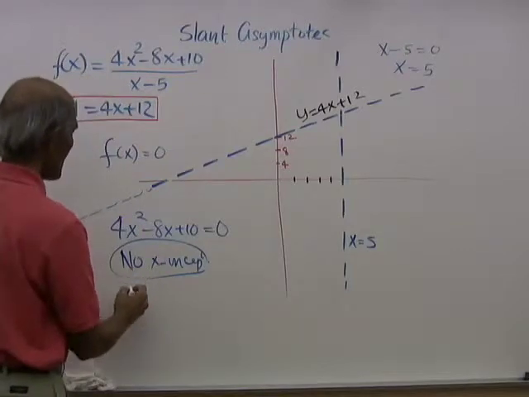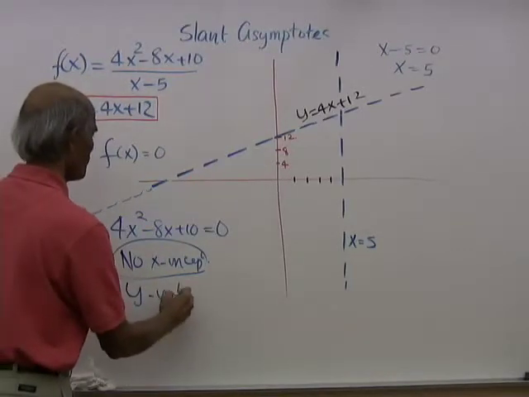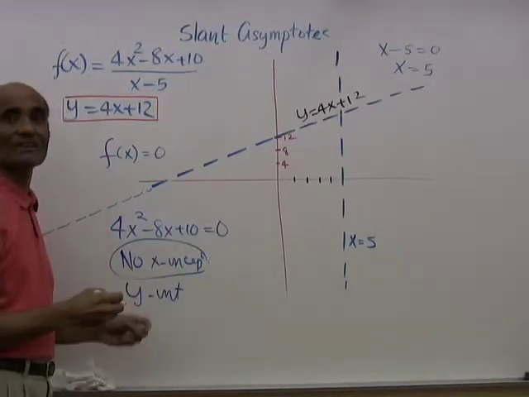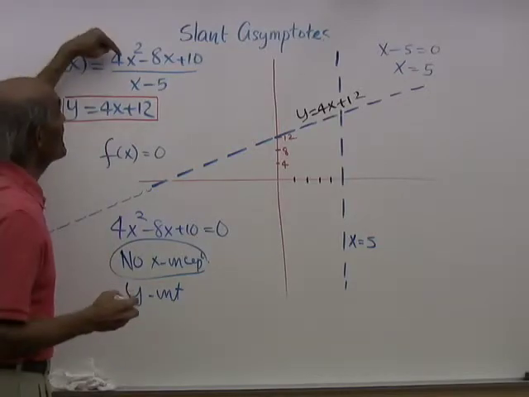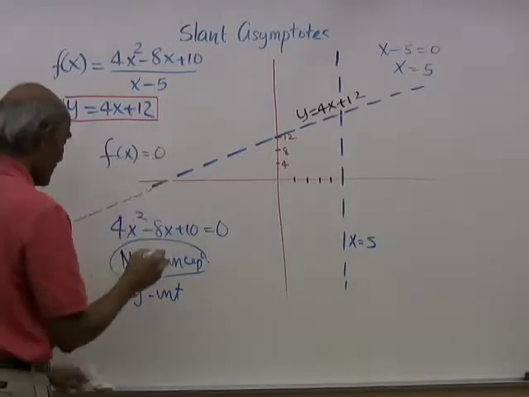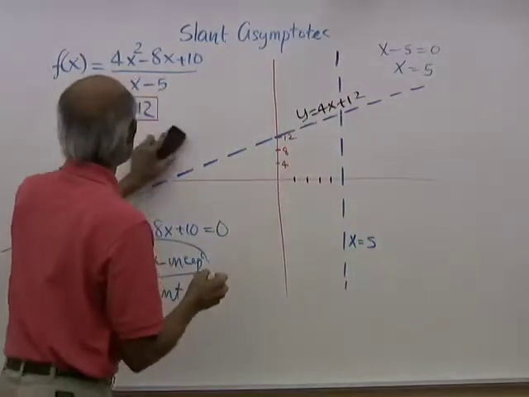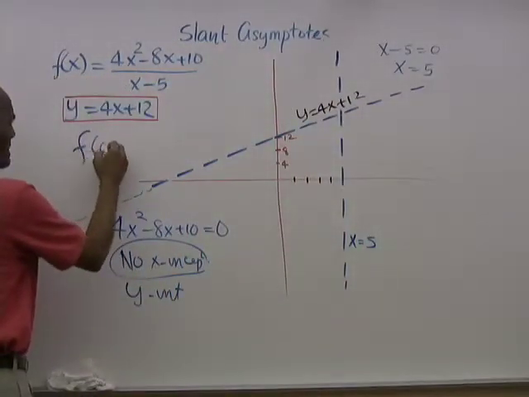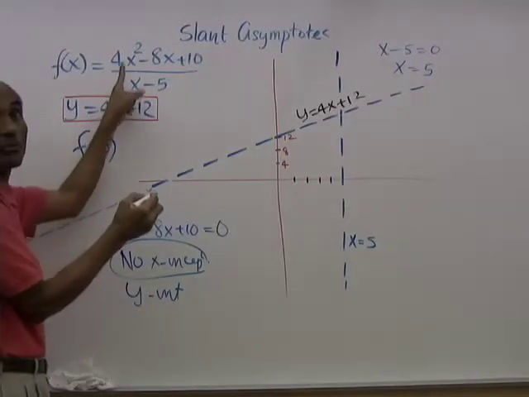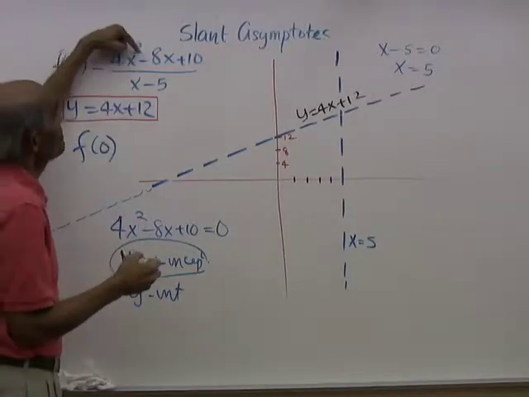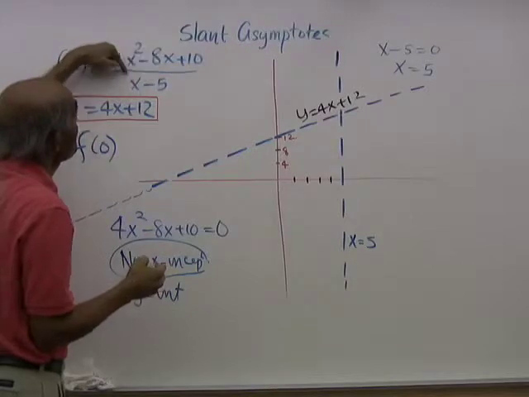Now, how about the y-intercept? How do you find the y-intercept? The y-intercept is obtained by finding the value of f of 0. So the y-intercept is actually f of 0. Put x equal to 0. When x equals 0, all these terms will become 0.